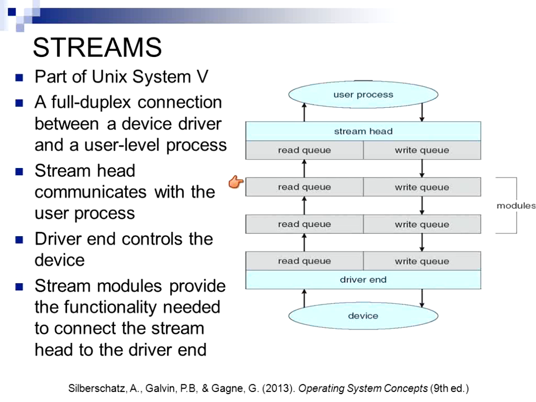And so in this type of system, the user wants to do some kind of I/O. It will communicate with the stream head, and that'll communicate with these different modules, which will eventually communicate with the driver.